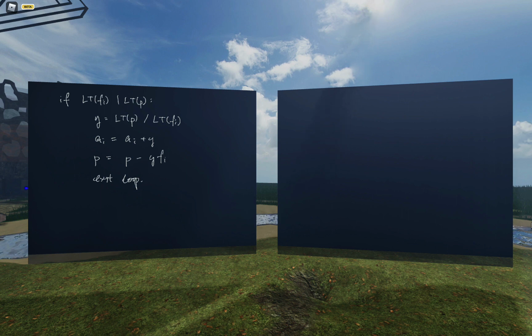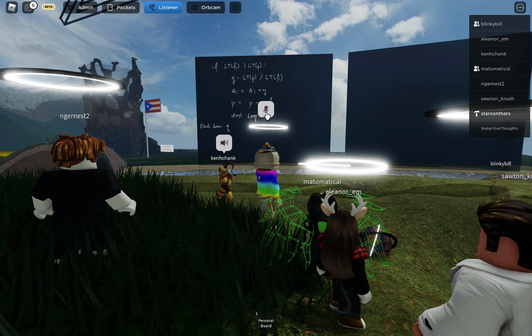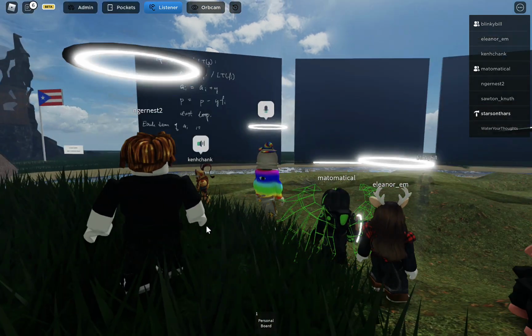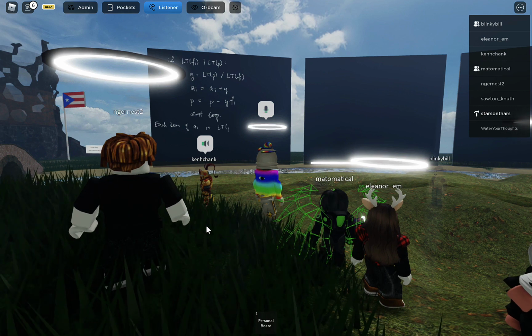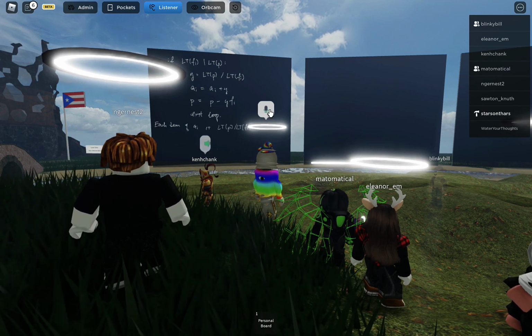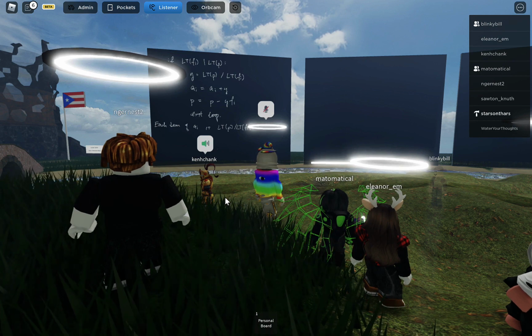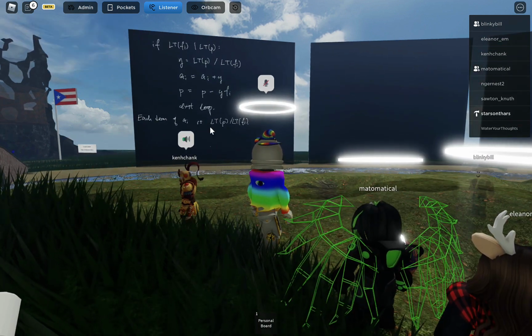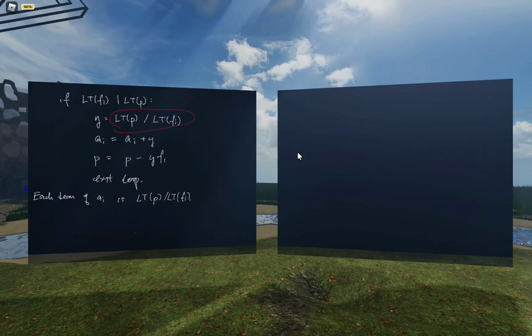Okay, so we want to say that each term of A_i is some LT(P) over LT(F_i), because each time you do this loop, you're adding this thing on there.